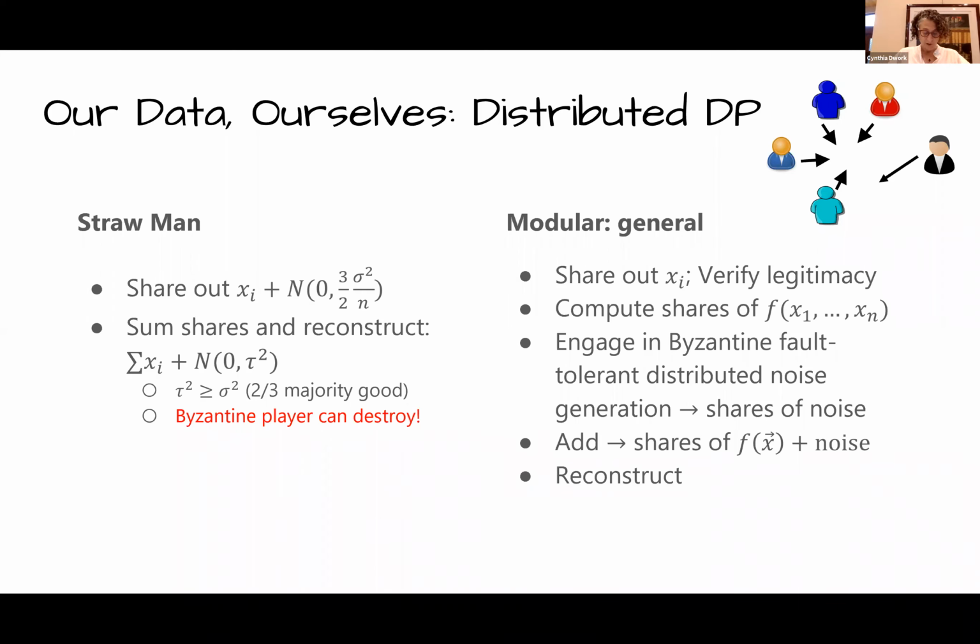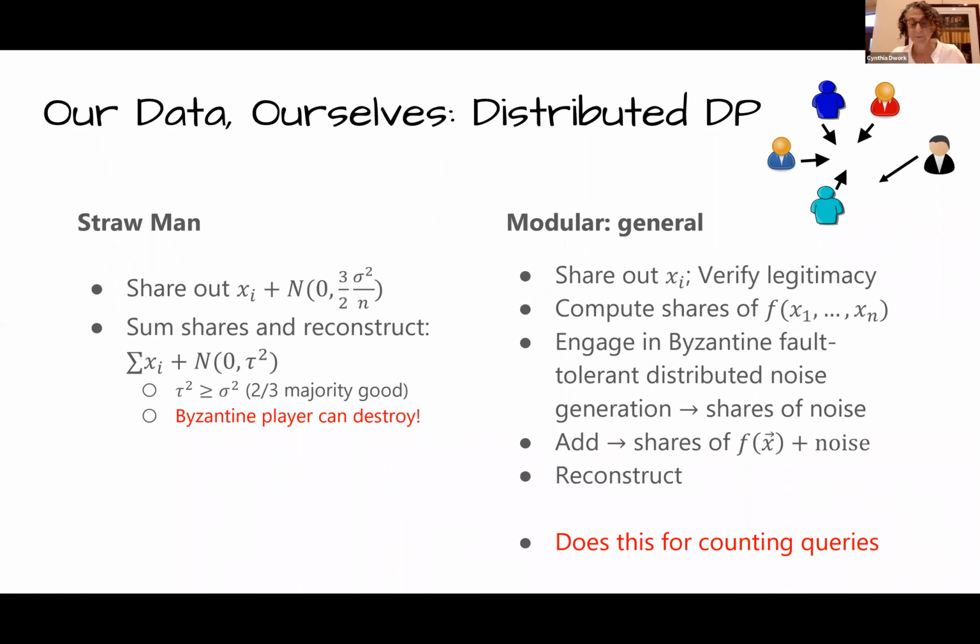Each person applies to their data a counting query and then shares out a bit, 0 or 1. So we share these out, we verify legitimacy using secure multi-party computation. We then compute the shares of our function, in this case the sum, and we then engage in a Byzantine fault tolerant distributed noise generation protocol to share out a noise value. And then we add the shares of the noise and the shares of the function, and we reconstruct.